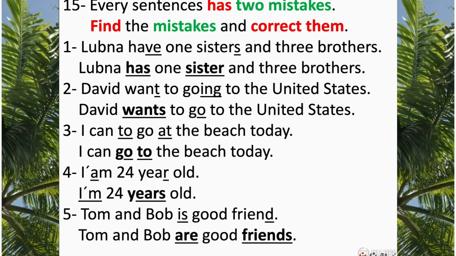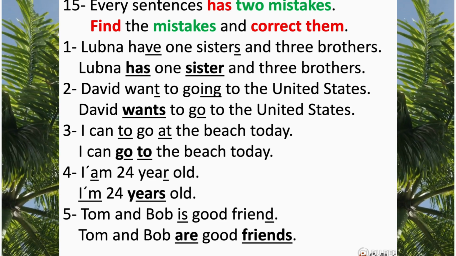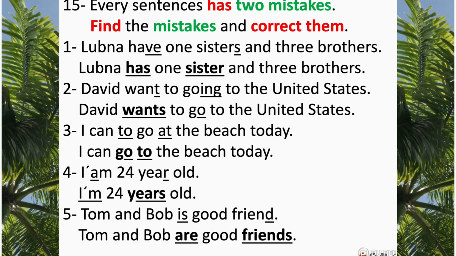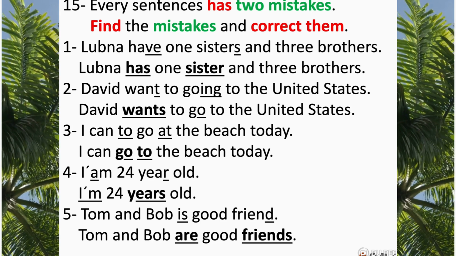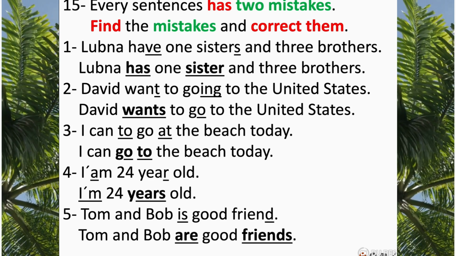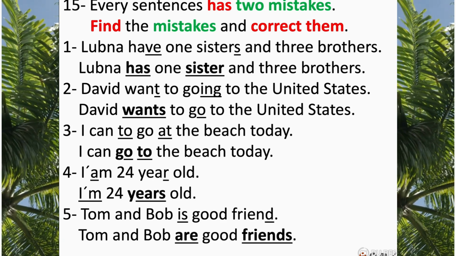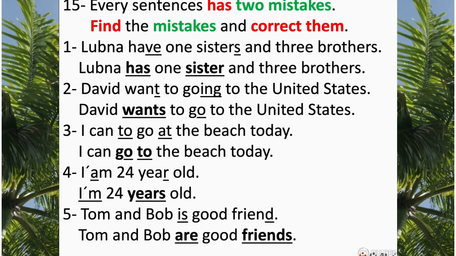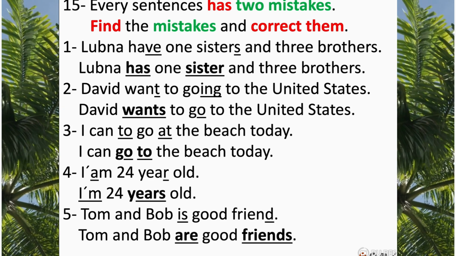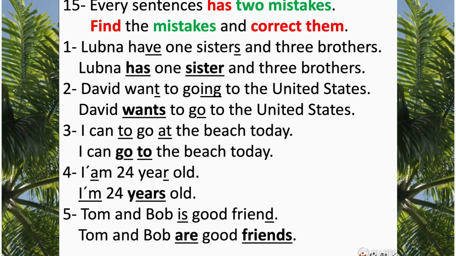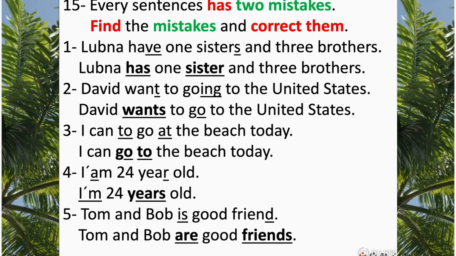So when we have apostrophe, we don't write a. So I am 24 years old. Not year old, years old. The last example, Tom and Bob is good friend. So we have plural form here, the verb in the plural and the noun in the plural. So Tom and Bob are, not is, good friends, not friend.